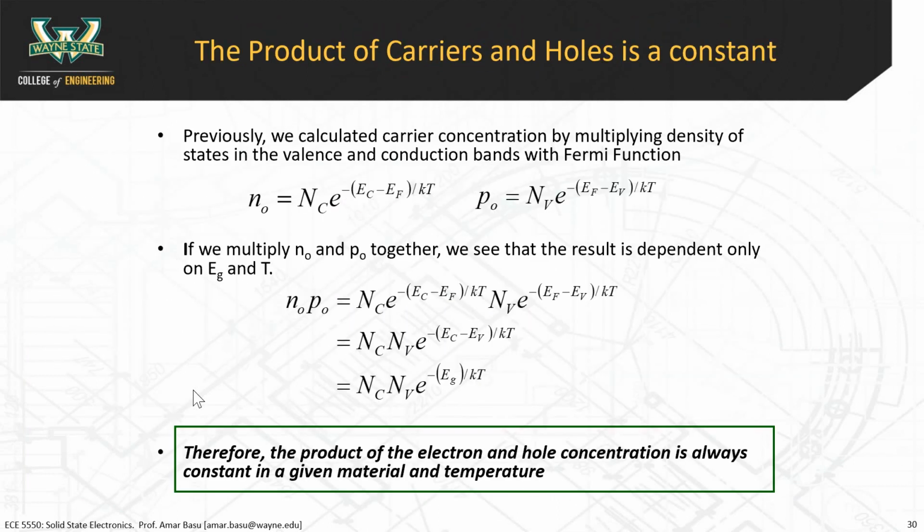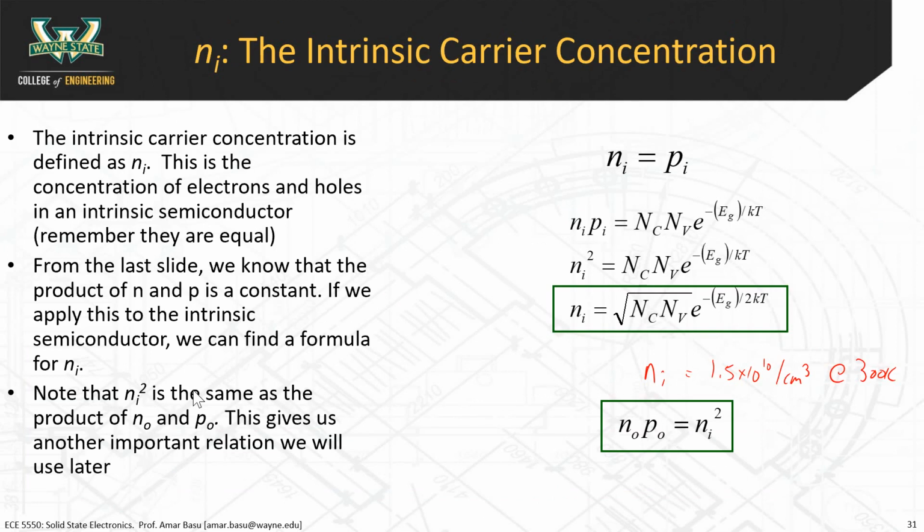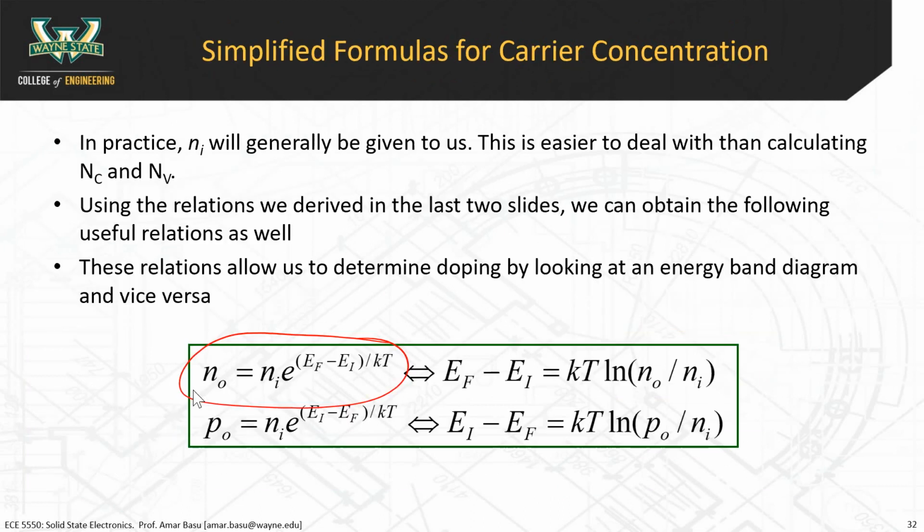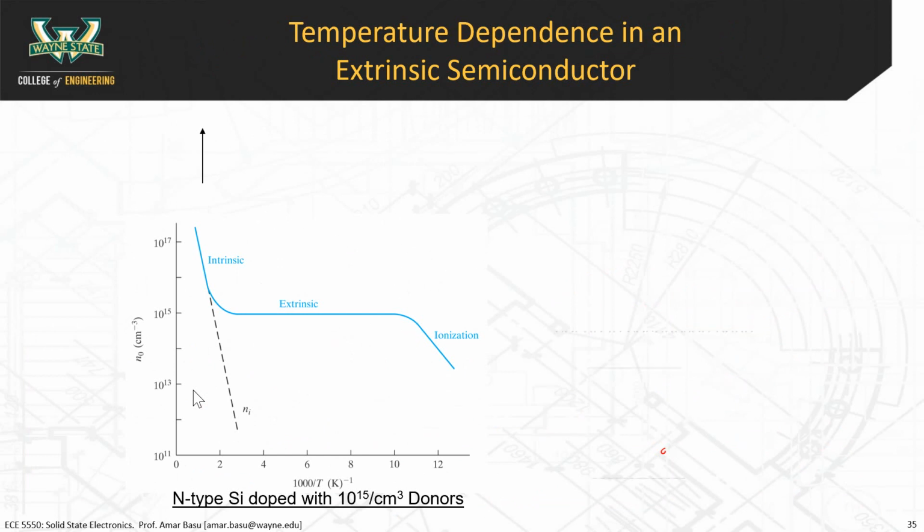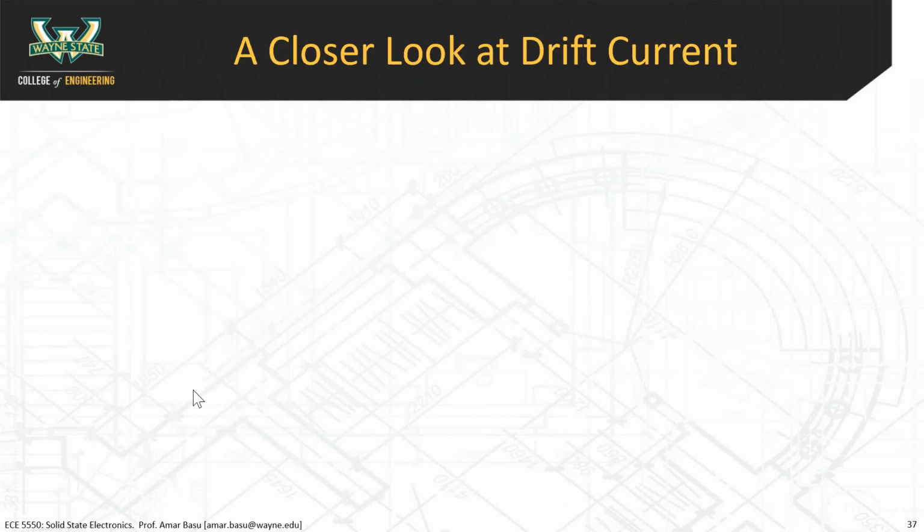We also mentioned that there's something called an intrinsic carrier concentration, which is a concentration when you have no doping, and then there's extrinsic carrier concentrations, which is when you do have doping. So that brings us to where we are today.